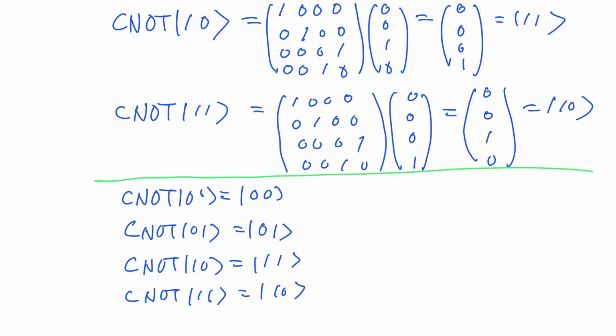So can you find some rules about this operation? What is the difference between the first two and the last two? We would like to find the general rule for this operation. Only one bit changes. All right, exactly. So when the first bit is 0, it doesn't change, right? But when the first bit is 1, what happens? The second bit is flipped, right?